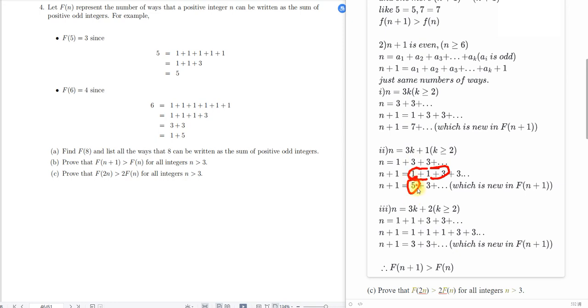I think this one is new, so this 5 is new, so the total 5 plus 3, 3, 3, all the way 3s, is new in f(n+1), because it's a new one.